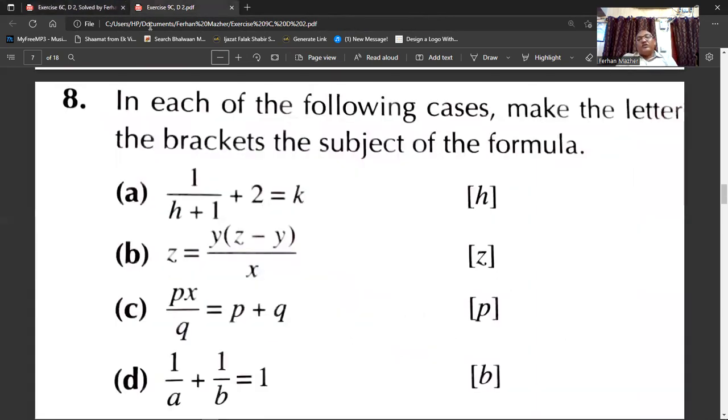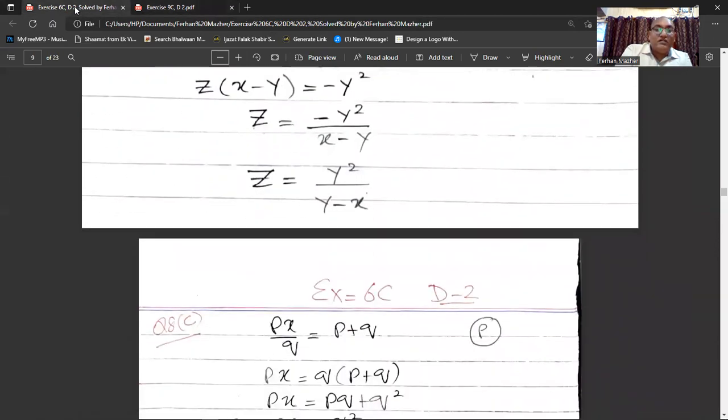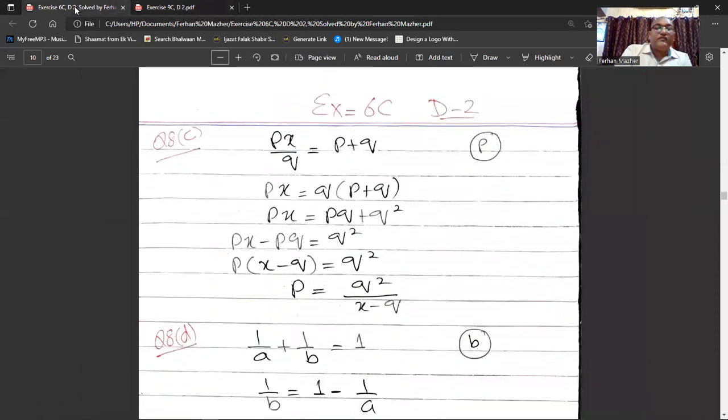Okay, question number 8 and its C part. He says px divided by q is equals to p plus q. We want p the subject of the formula. Okay, so the p is on two different locations. So I will try to bring them on the same side, same place.